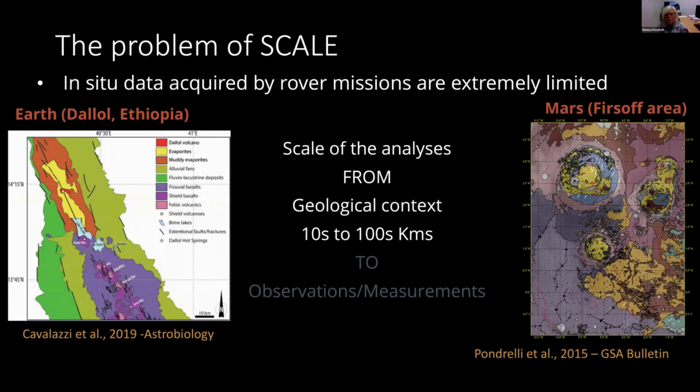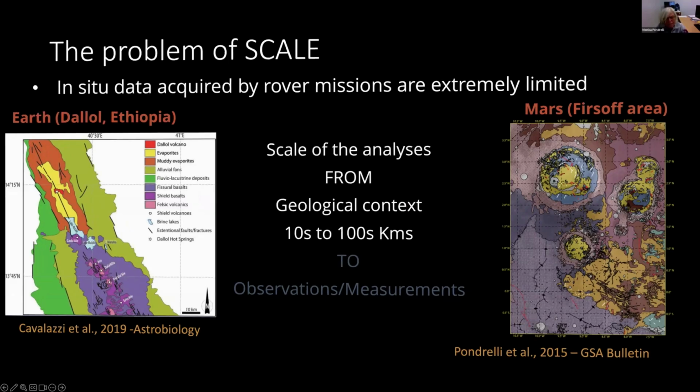Another problem of scale is the obvious problem that we cannot observe and touch the rock in the outcrops. If we look at the scale of the geological context, let's say from ten to 100 kilometers, there is no big difference between the kind of geological reconstruction we can do and represent on Earth and on Mars.